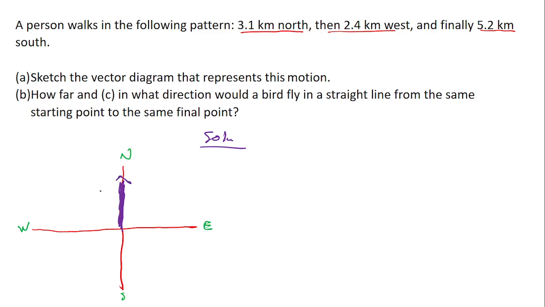And then 2.4 kilometers south, or west, sorry. So it has gone this side now, and this side it has simply used the 2.4. Then after that it is going south 5.2. So this is how it has gone 5.2.